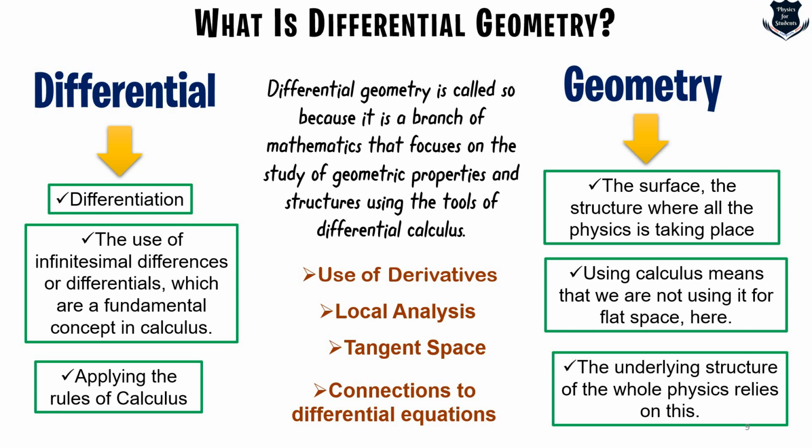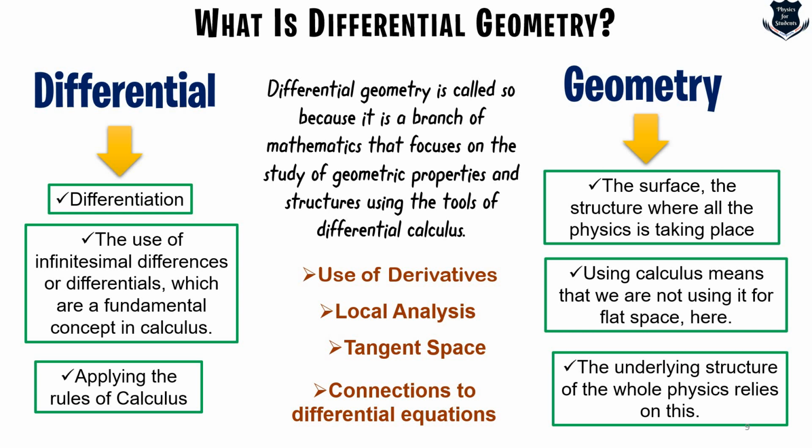So overall, differential geometry distinguishes itself from other branches of geometry by its heavy reliance on calculus and the consideration of local properties and changes in geometric objects. This is what differential geometry is all about.